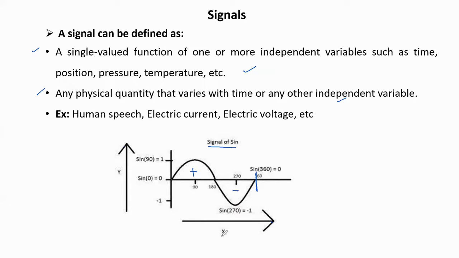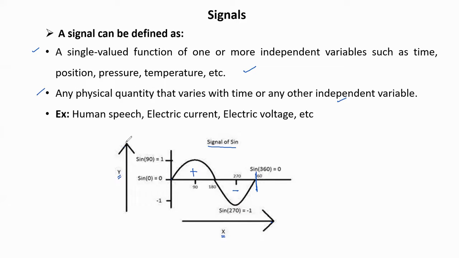These are independent variable values. The reason x is called an independent variable is that x does not depend on any other variable or any other value, and also x is not a fixed number. It is always varying throughout the region from minus infinity to infinity.